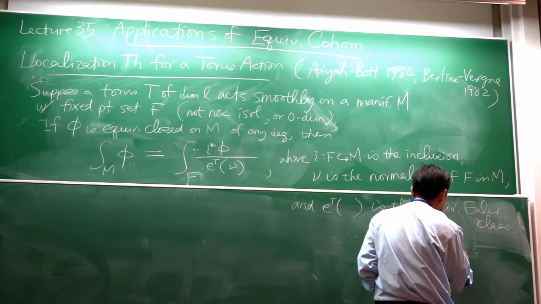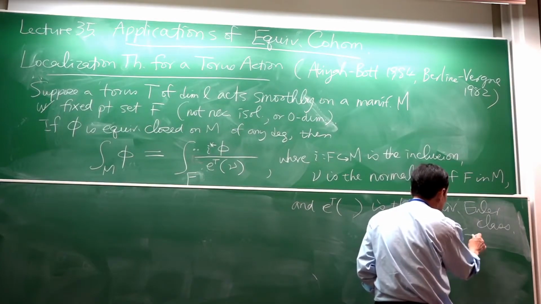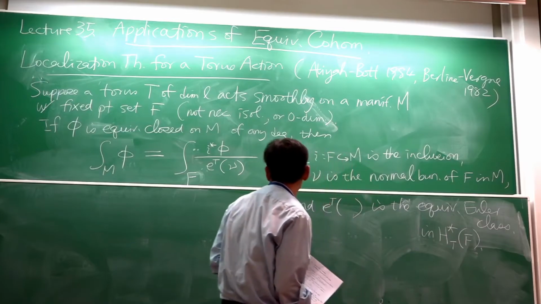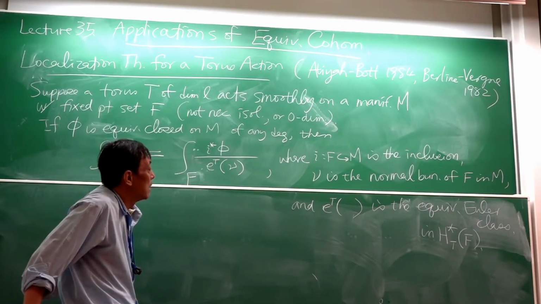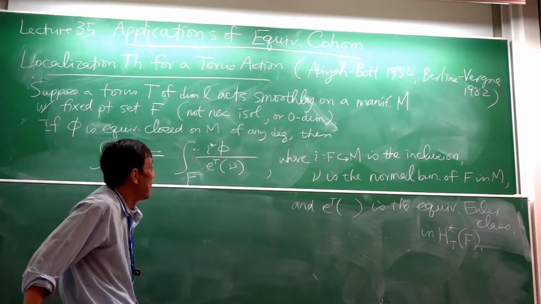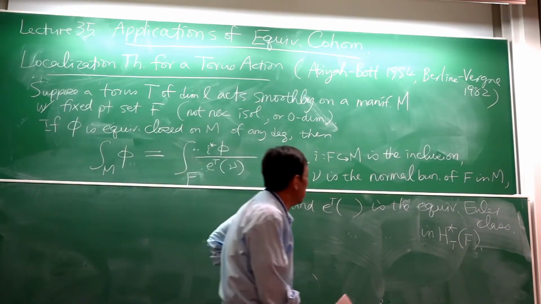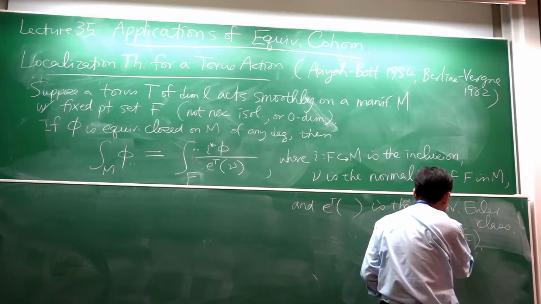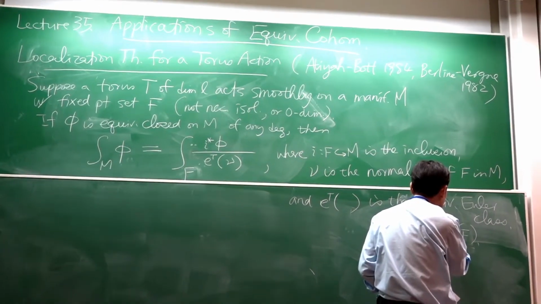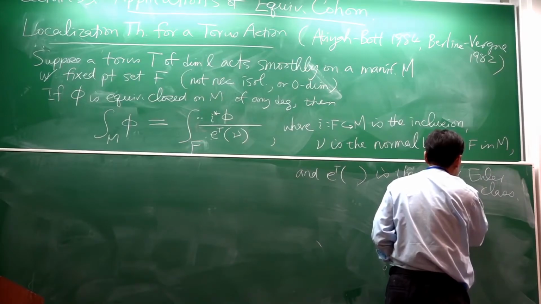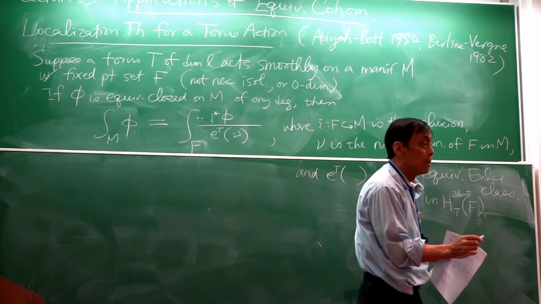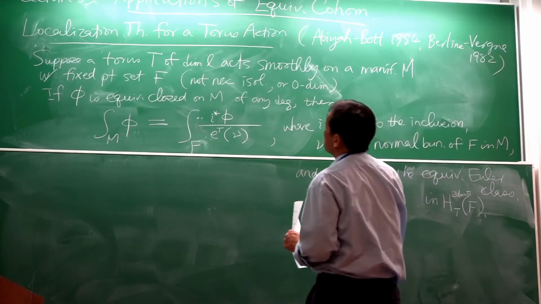The Euler class is going to be a cohomology class in the equivariant cohomology of F. But it's going to be the top class. We don't know the dimension of F.